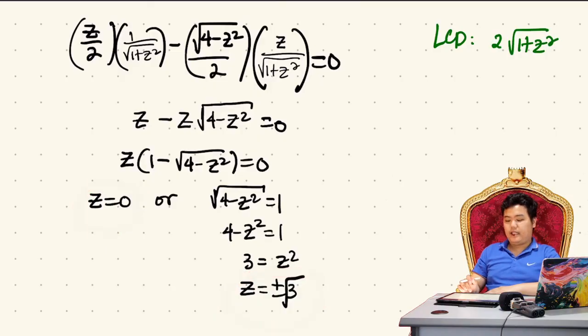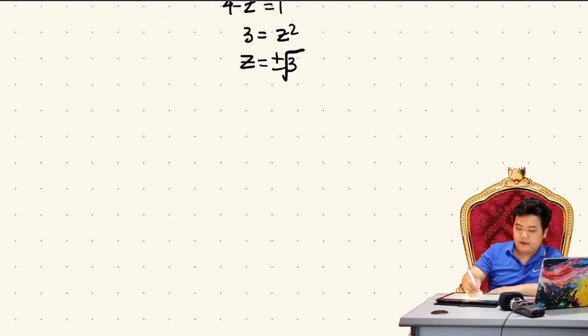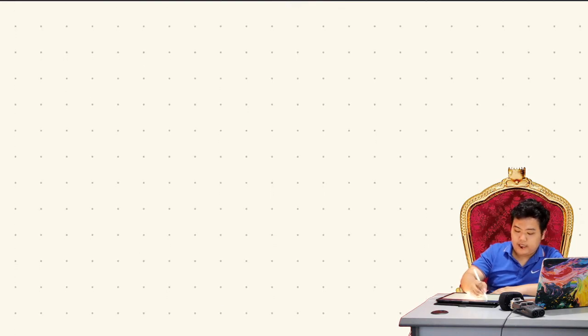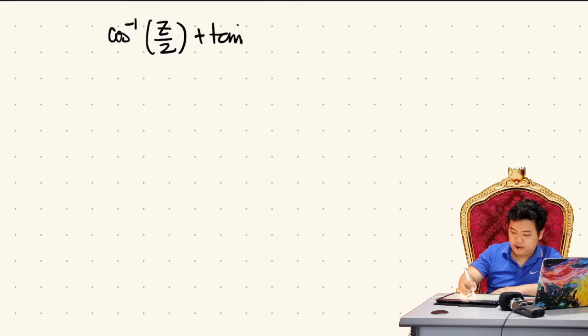So, ipa-plug in na lang natin sila doon sa original equation natin and then check if the two sides of the equation agree. So, sulat ko lang ulit yung original equation. It's cosine inverse z over 2 plus tangent inverse z equal to pi over 2.